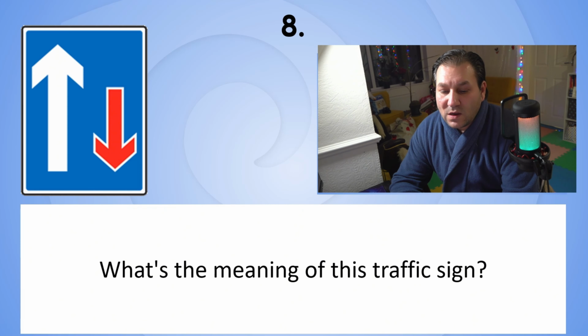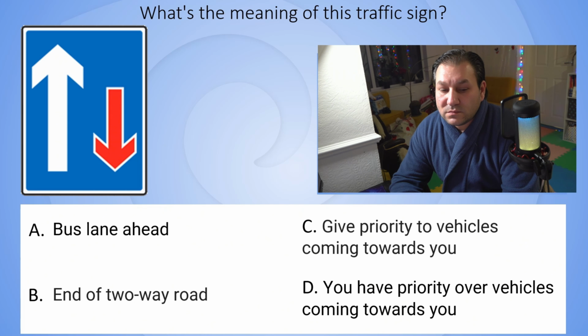8. What's the meaning of this traffic sign? A. Bus lane ahead. B. End of two-way road. C. Give priority to vehicles coming towards you. Or D. You have priority over vehicles coming towards you.